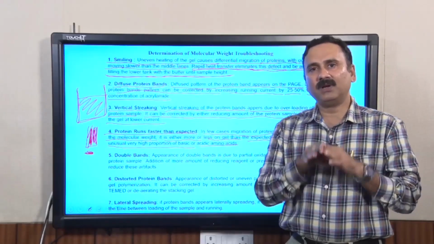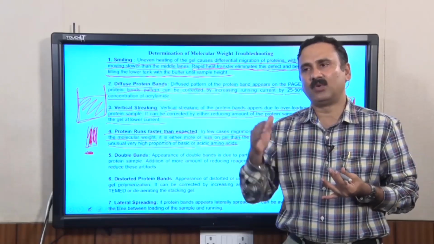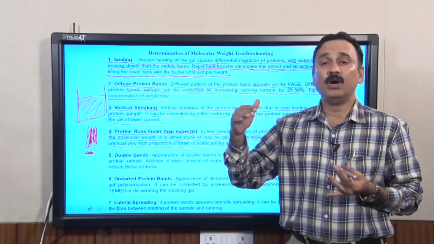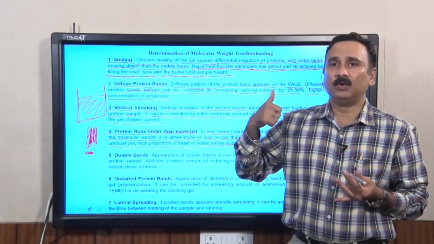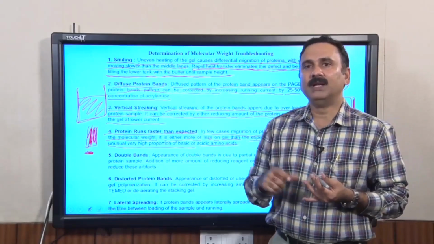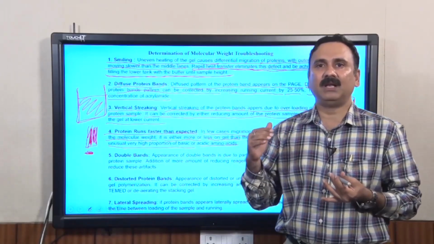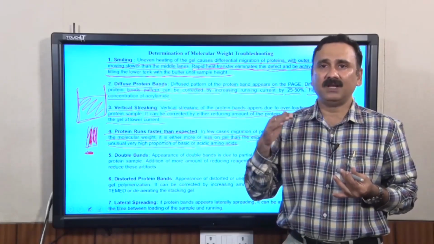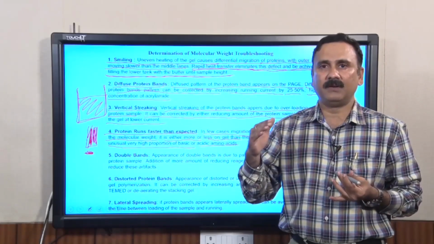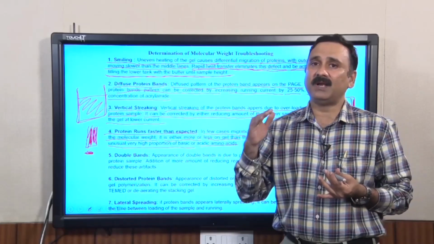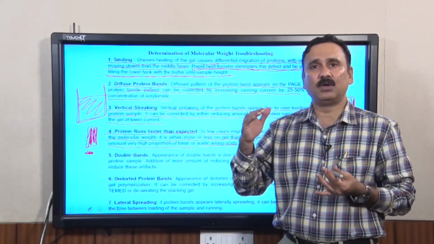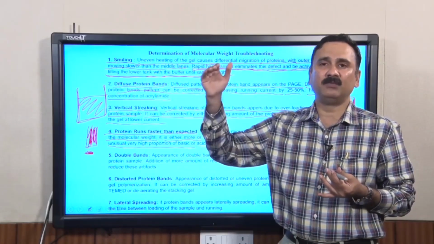But what is observed is that in some cases the protein runs either faster or slower, and in those cases what people have found is that the protein either has a large quantity of acidic amino acids, and because of the acidic amino acids the protein is also having negative charge in addition to the negative charge from the SDS.